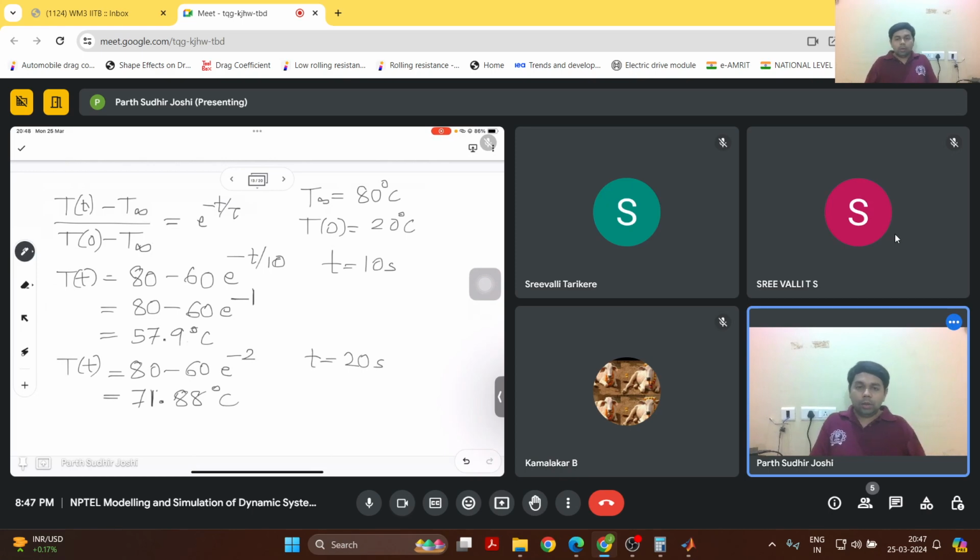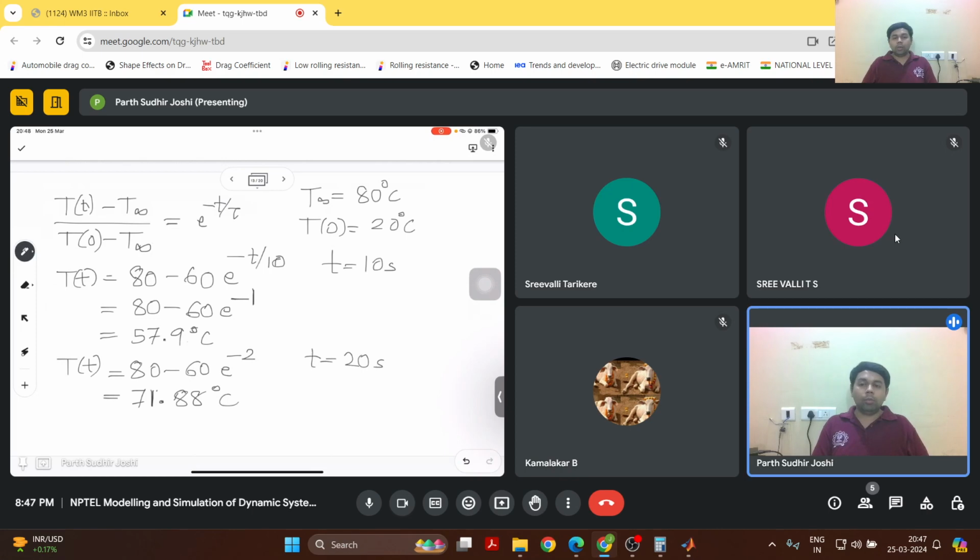So this is how we can solve this problem. It will indicate 57.9 degrees Celsius after 10 seconds and it will indicate 71.8 at around 20 seconds.